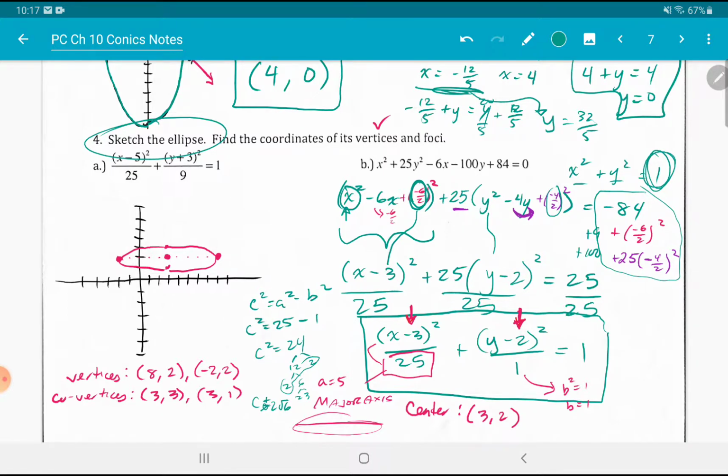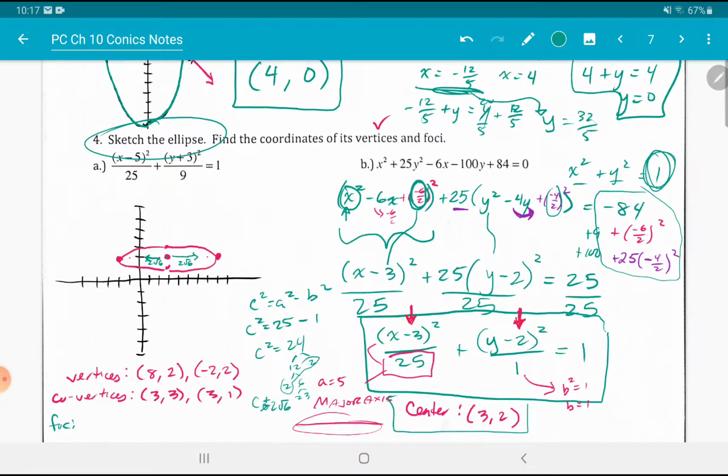Well, how do we graph that? If your center is at (3, 2), then your foci go from the point (3, 2) and move to the right by a unit of 2 root 6, and to the left by a unit of 2 root 6 as well.